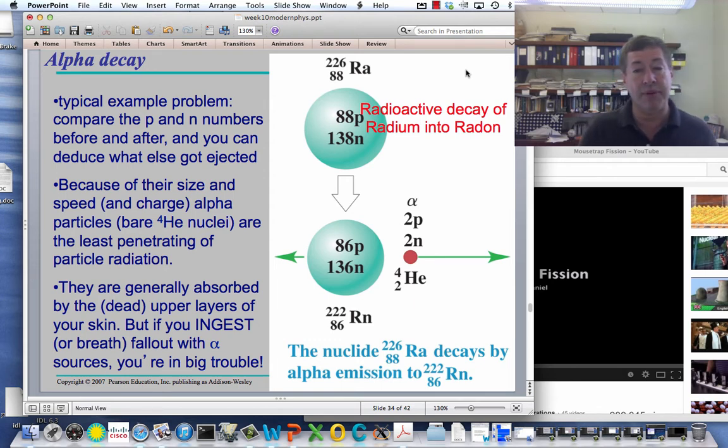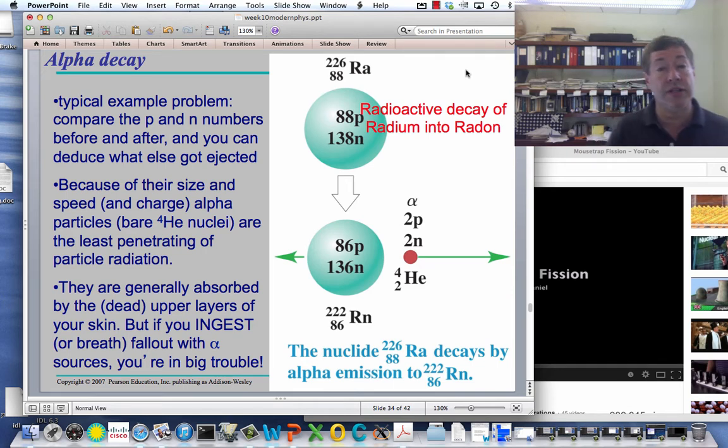It's going to happen more and more frequently the bigger the nuclei are above iron 56. Now there are some which are stable above that, quite a few, but as you get past lead, nothing is stable. Everything wants to radioactively decay at some rate. Some of the rates might be very high, some of the rates might be rather low.